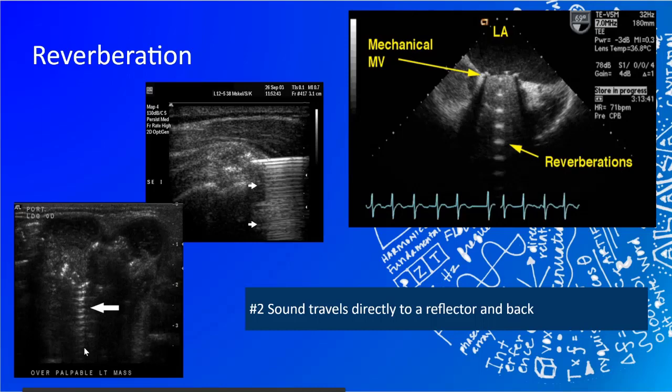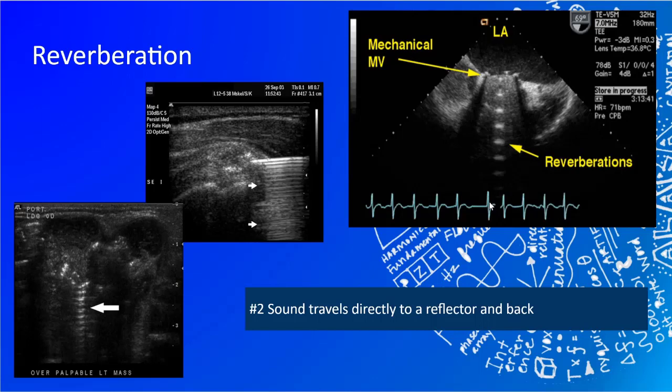Here again is another example. In the heart, we have a mechanical mitral valve. The mitral valve is an artificial substance which does not interact with ultrasound as well as soft tissue does. We get some bouncing back and forth of the sound, and then we start to see those equally spaced ladder-like reflections into the body.